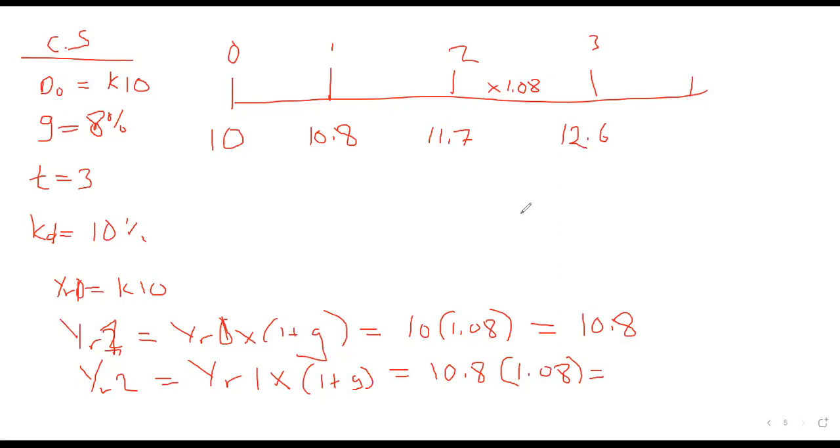All right, using the dividend model. But if you want to calculate how much each of these is worth today, you multiply by the present value factor using the discount rate of 10%. So if our KD is 10%, you multiply this one times 1 over 1 plus R to the power n.